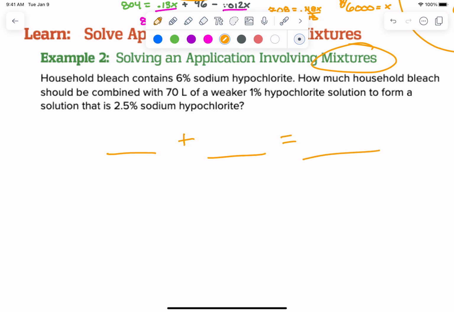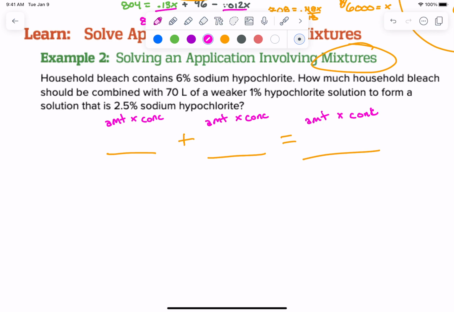Now, two things are going into play: the concentration and the amount, right? So I'm going to take the amount times the concentration, plus another amount times the concentration, gives you the total amount times the concentration, right?